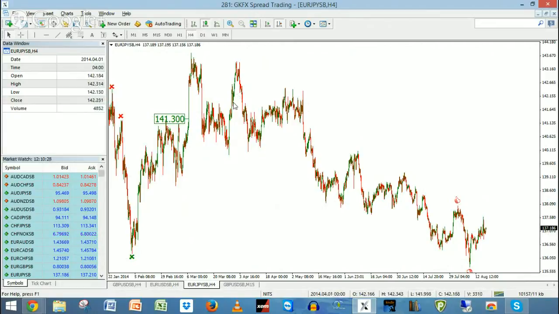So when these moves are happening on the 4-hour, by default it means that we're going to get the nice trends on the 5-minute, 15-minute chart and make some money intraday while we're having a boring time, as I called it, on the 4-hour.